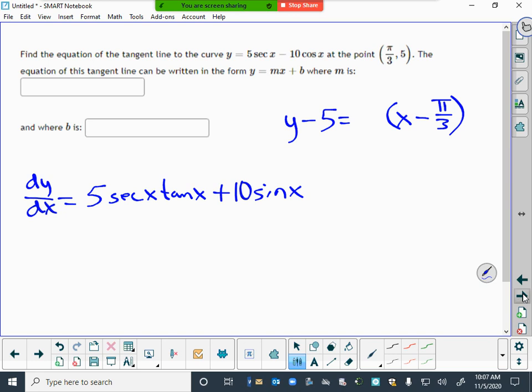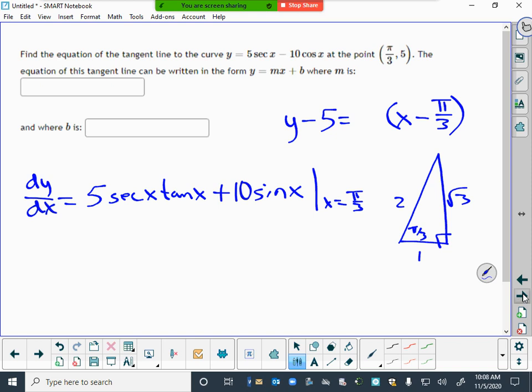We're going to do that. And we're going to evaluate that at x equals pi over 3. So we'll have to remember some things. Pi over 3 is a 60-degree angle. All right. So in our 30, 60, 90 triangle, if this is 1, that's 2, that's the square root of 3.